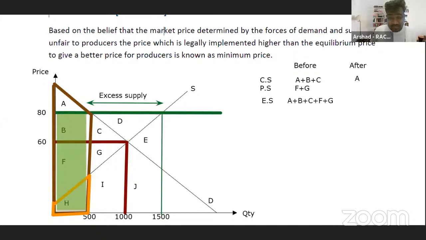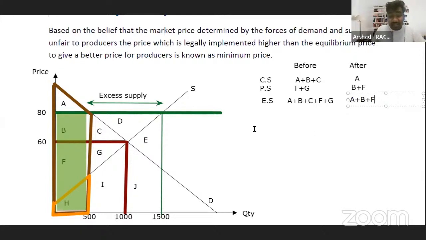He's getting more than his minimum, B and F. So that is his producer surplus. So producer surplus is B and F. Then in that context, it is the exact same sum as 2020. The logic behind is the same. What is the economic surplus? It's A, B, and F.